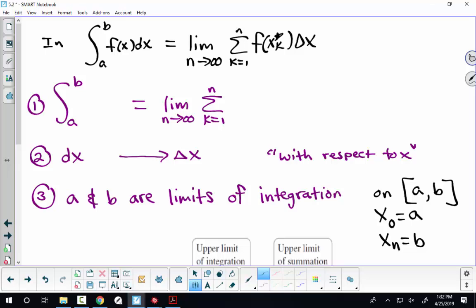So we came up with the idea: we've got Riemann sums, how do we make those exact? We put a limit in front of it, and then that notation is kind of weird looking, so we come up with a better notation, the integral from a to b of f of x dx.